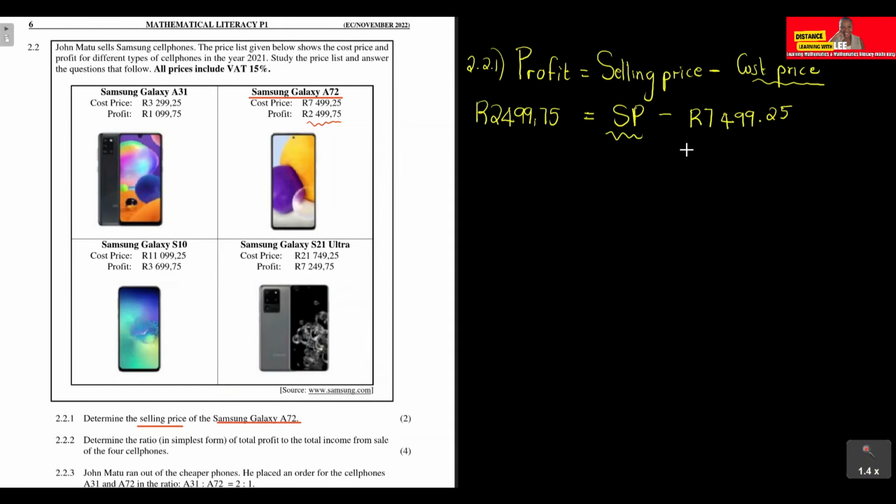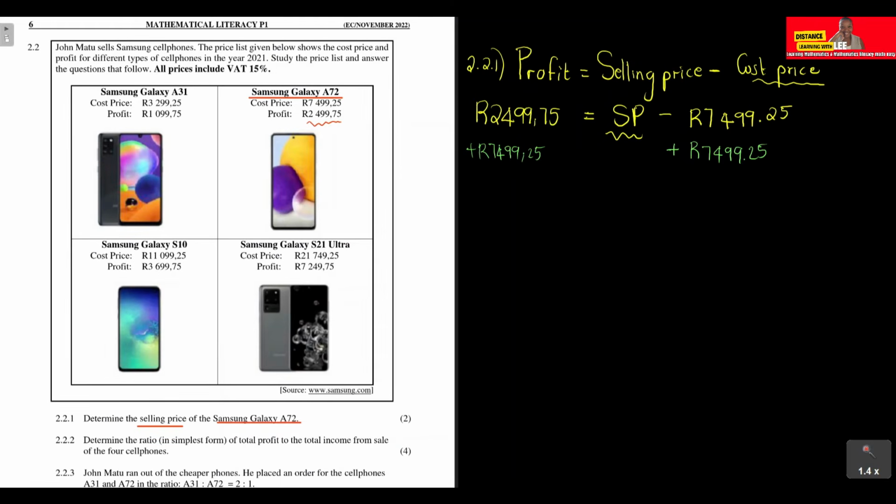So what do we do to isolate our SP? To get rid of the negative 7,499.25, you add 7,499 rand and 25 cents. If you've added it on this side, you also need to add 7,499.25 on the right hand side.